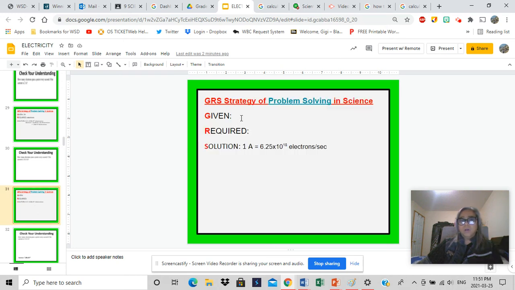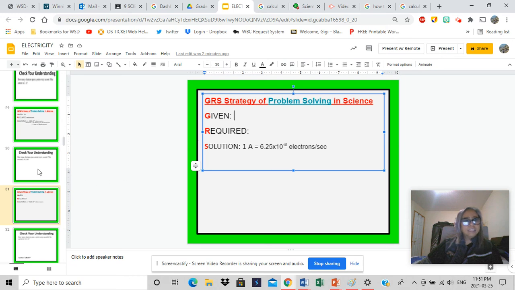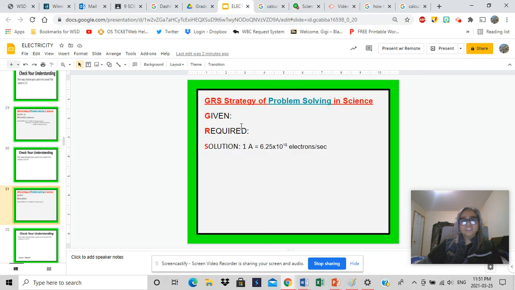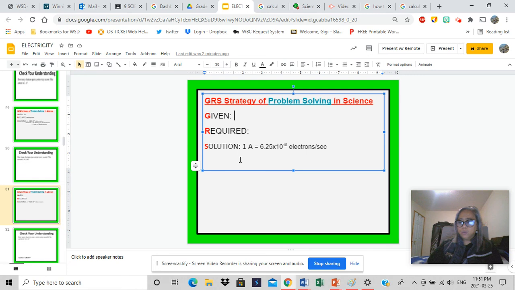So on your loose leaf, what is given here? 12.6. So if you have 12.6 amperes, amps, you're asked how many electrons would there be? Hmm, give it a thought.